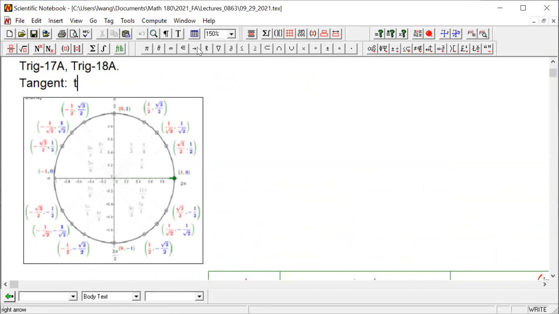What's the meaning of tangent? It's a ratio between red and blue, right? So when we're looking for x-intercept, what are we looking for? The input is unknown.